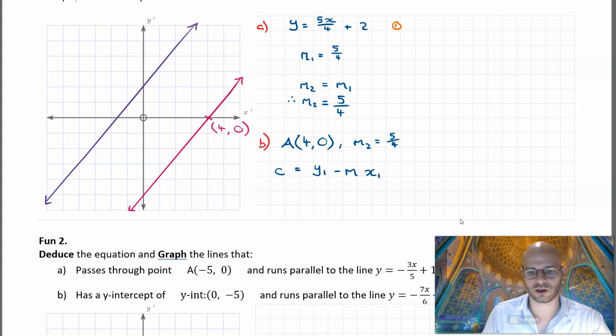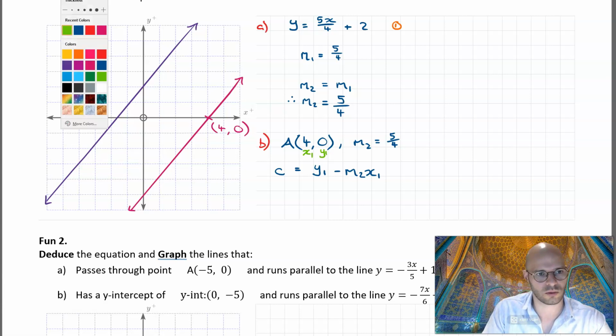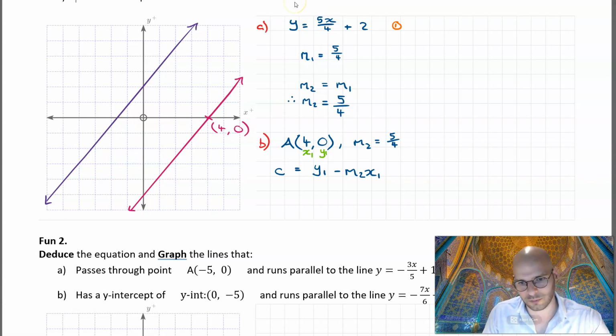And because we're going to be using the gradient for this unknown line, we call that m2. Understanding where we get y1 and x1 from? Well, we're going to use that point up here, x1, y1. Subbing this information in, we get 0 minus 5 over 4 multiplied by, well, let's write it as 5 over 4 times 4.